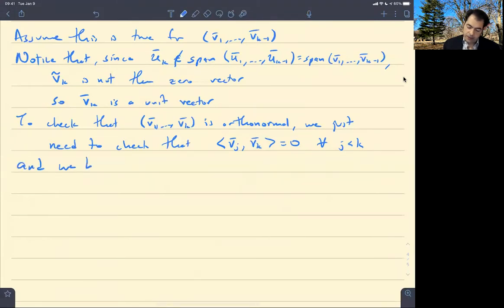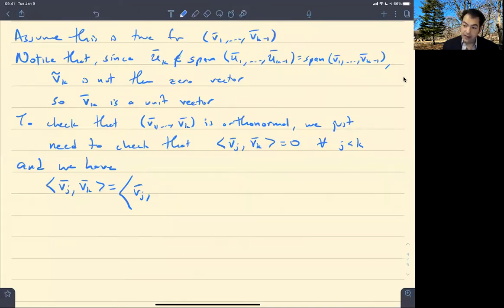And we have, okay, so the inner product of Vj with Vk is equal to the, okay. What is Vj? Well, no, let me not worry about Vj. Let's do Vk. So this is Vj, and then I have the sum, let's say l goes from 1 to, sorry, let me start.